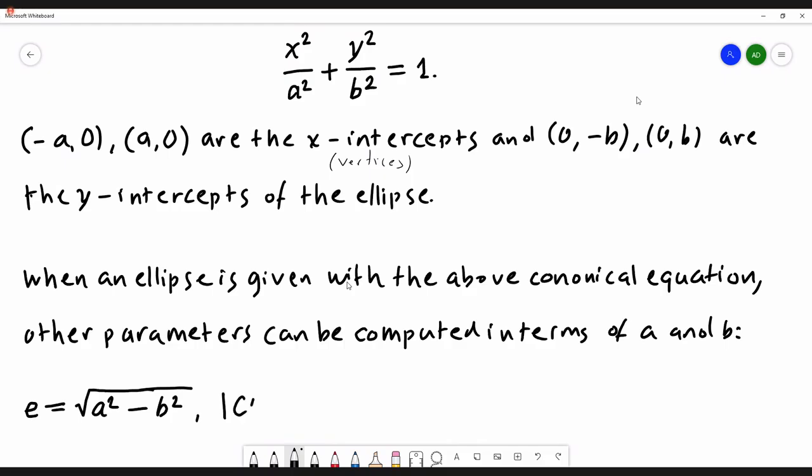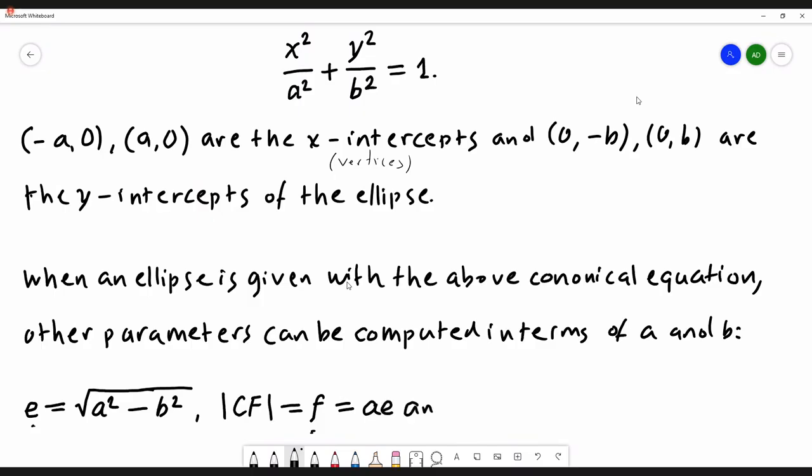And the distance between C and F is equal to f. We do not know f, we wish to compute f. We are given only a and b. Here we have computed e, the eccentricity, in terms of a and b. If you multiply a with the eccentricity, you get the focal length.